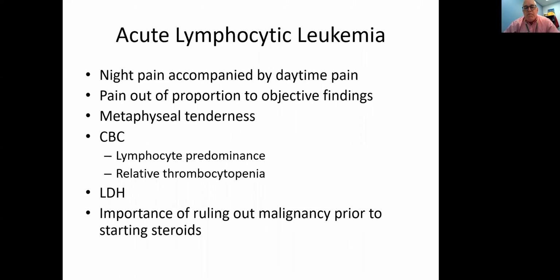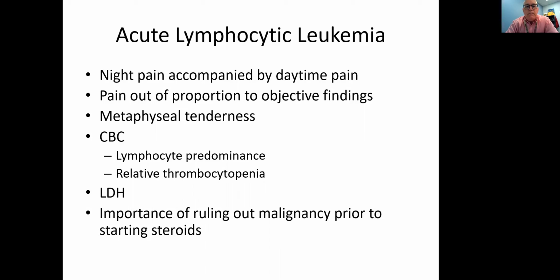And this was much more important before we had biologics. Obviously, you would not ideally start a biologic in leukemia either. But steroids partially treat the leukemia. They delay the diagnosis. They change the prognosis and even the treatment arm that the patient ends up being on, in terms of what drugs they're going to receive.